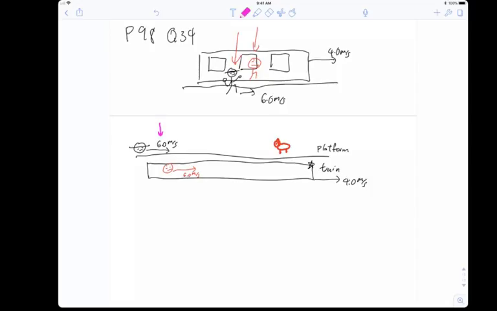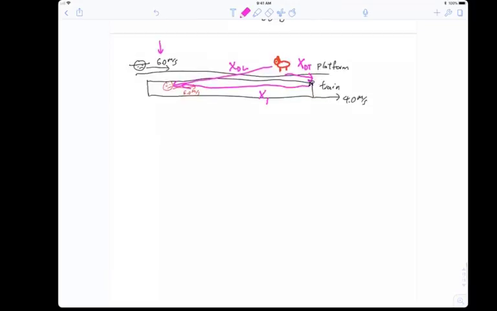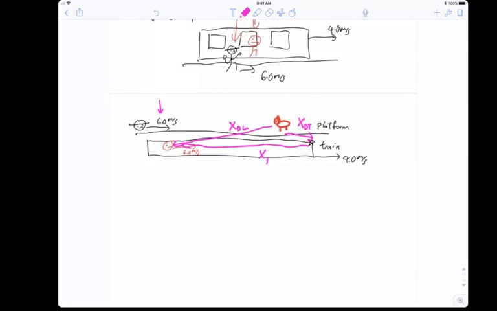So, position relative to the dog of the train. Position relative to the dog of the lady. Position of the lady relative to the train.